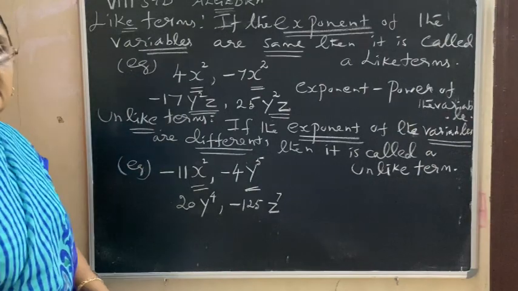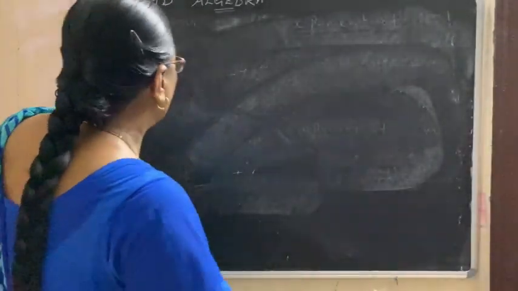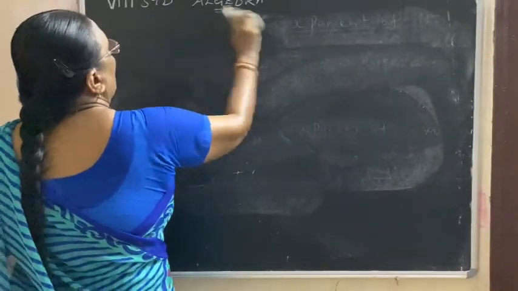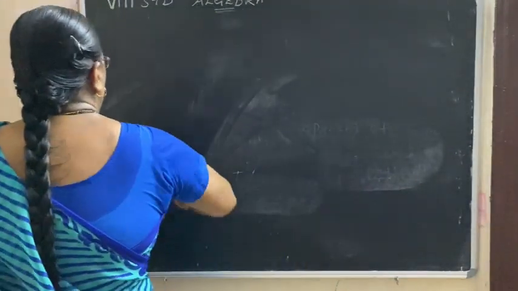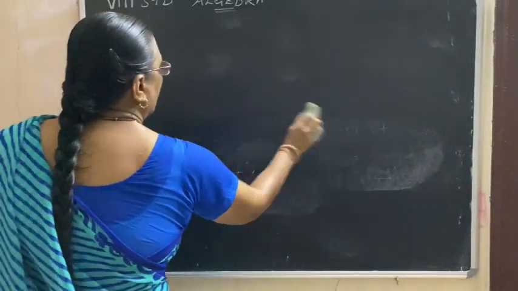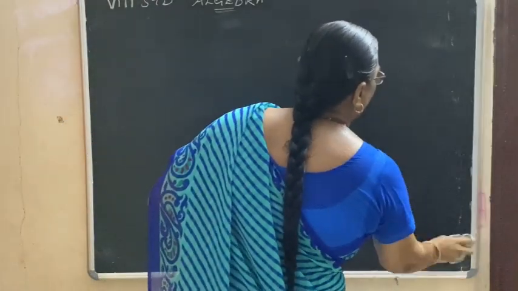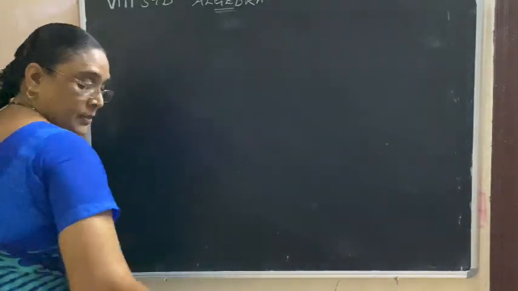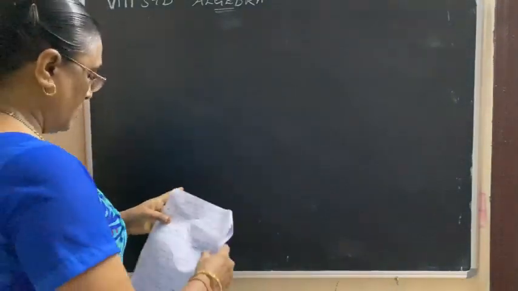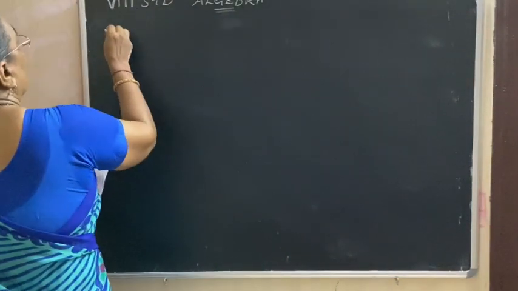All of you know how to differentiate like terms and unlike terms? Okay, children. Next we are going to do some problems based on expressions, exponents, like terms, unlike terms, and how to do addition and subtraction based on these expressions.